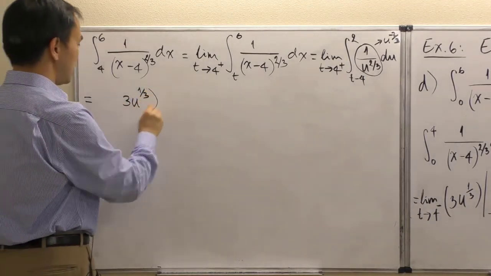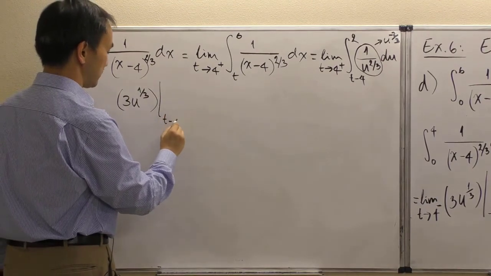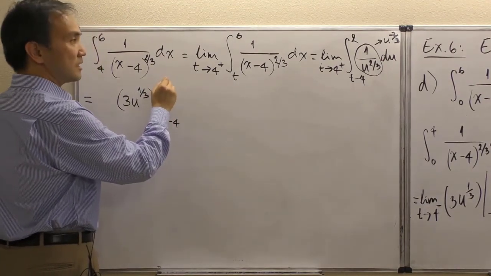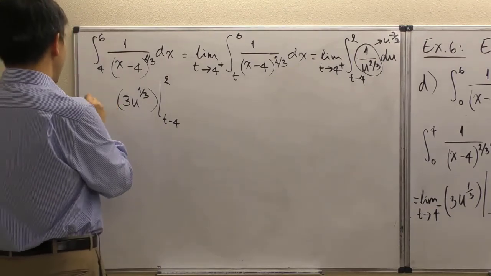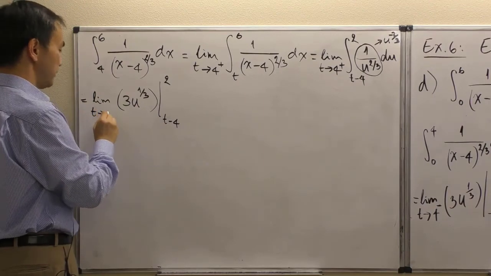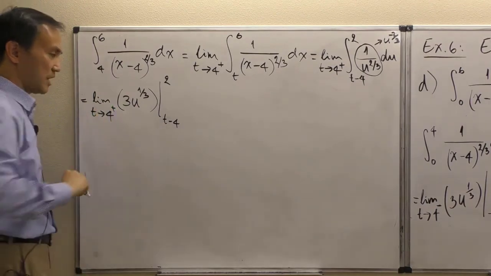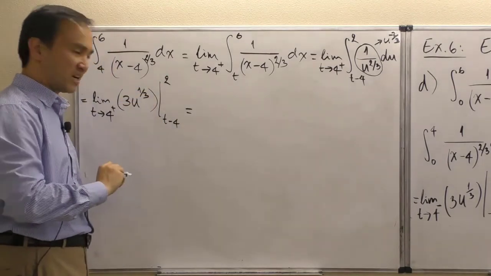With this antiderivative, I am going to substitute in t minus 4 and 2. But the problem will still remain a limit problem, by letting t approach 4 from the right hand side.